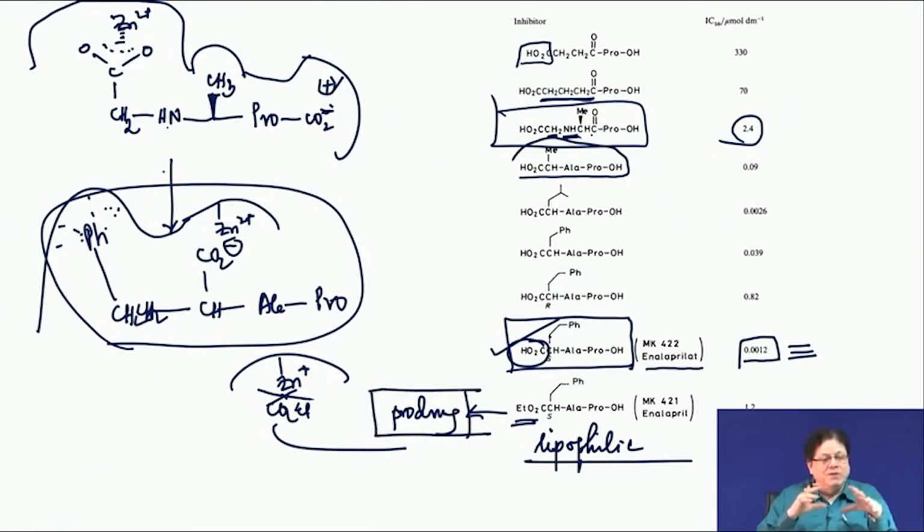It has very good pharmacokinetic property. So, it is absorbed and distributes, and then the non-specific esterases present in the blood hydrolyze it and convert it into this enalaprilat, and now the enalaprilat acts as a very good antihypertensive agent. Okay.